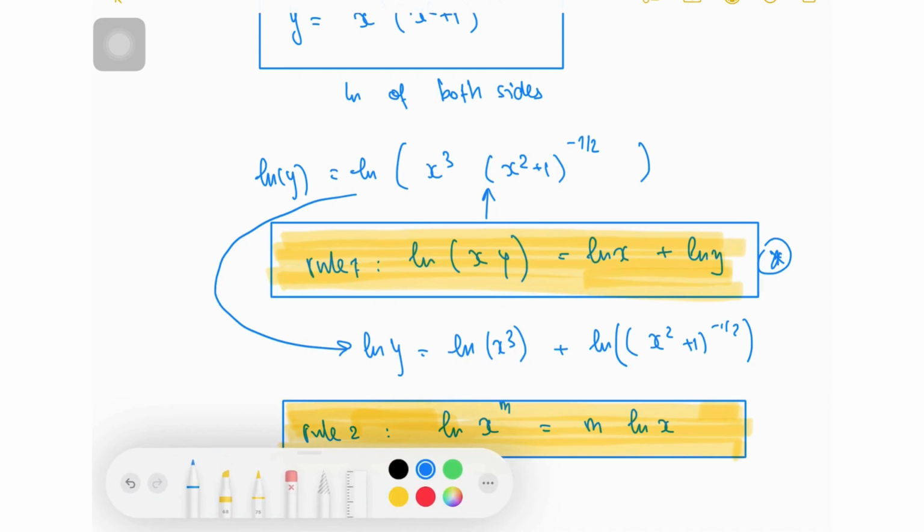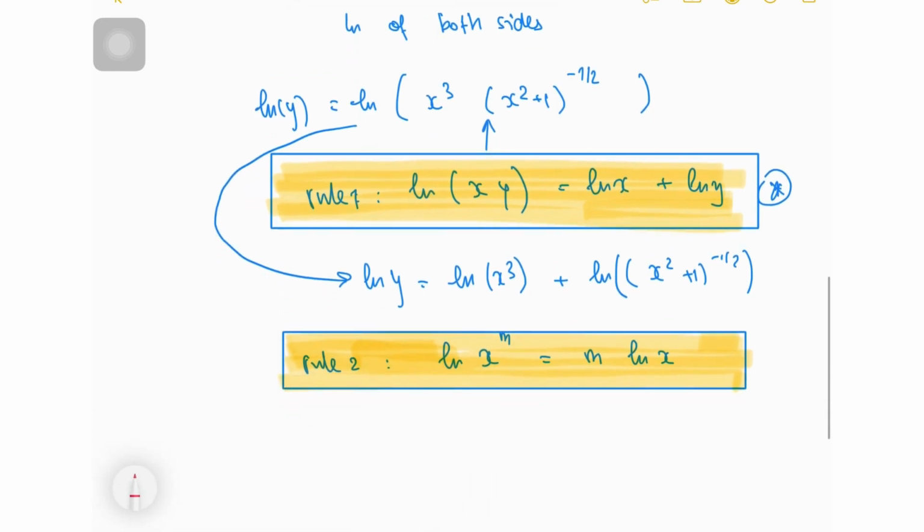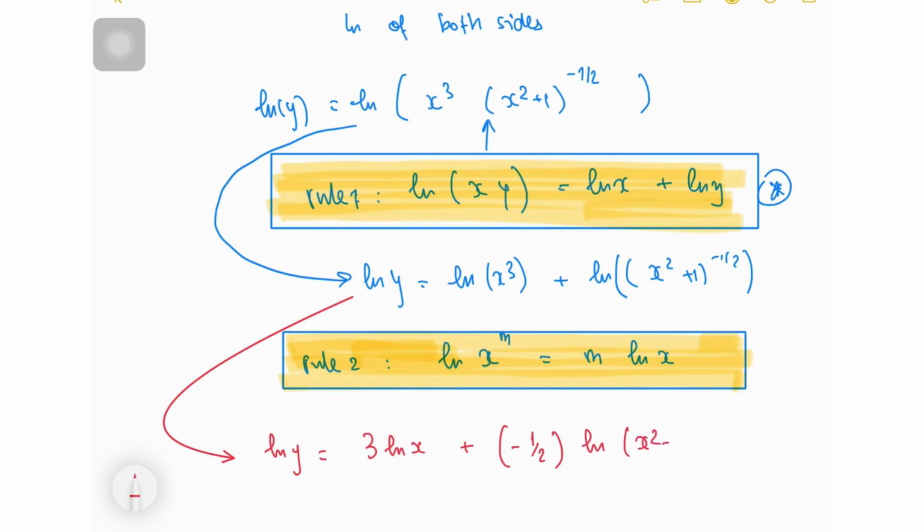So we can now write this as ln y equals, and notice we are still not differentiating, we are just simplifying the function, 3 ln x minus 1/2 ln of x squared plus 1.